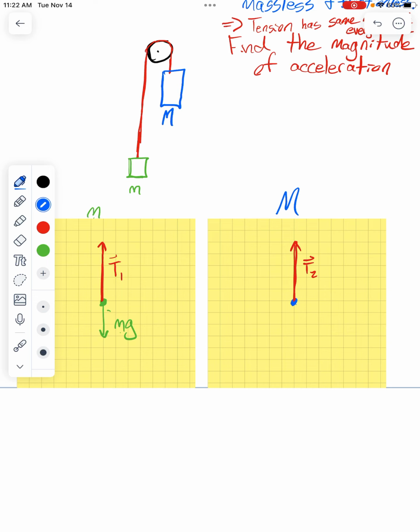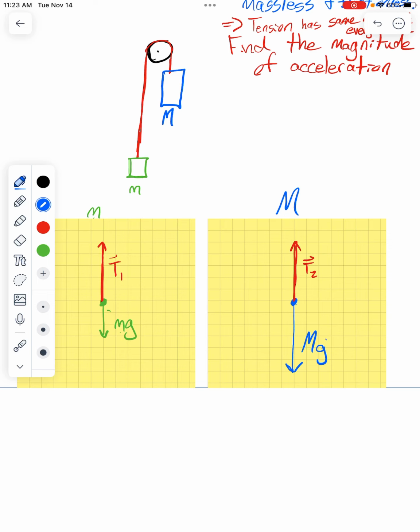Well, what direction is the acceleration for mass big M? We know that it is moving downward, and so its net force needs to be pointing downward, and so I'm going to make its weight 6 marks.